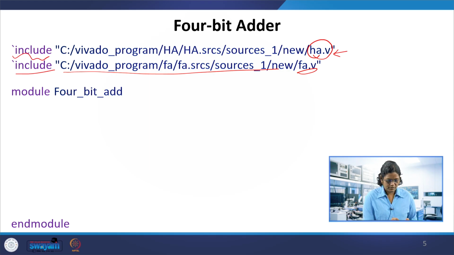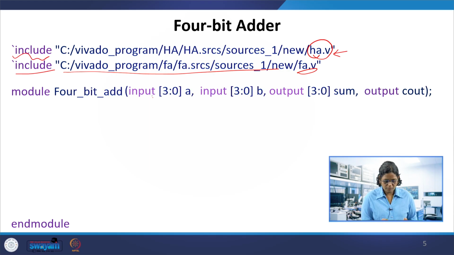The module name is the 4-bit adder, with input A0, A1, A2, A3, 4 bits, and B0, B1, B2, B3, 4 bits, and then output S0, S1, S2, S3, 4 bits, and the output C out is taken as the carry if the 4-bit addition gives any carry.